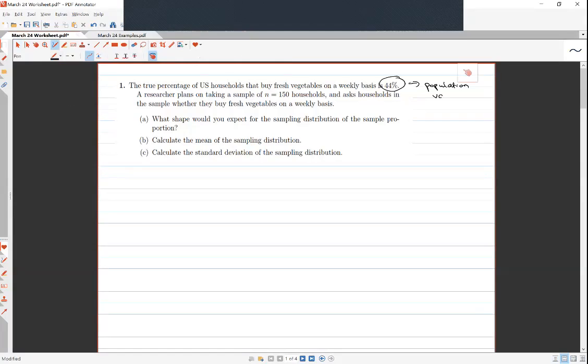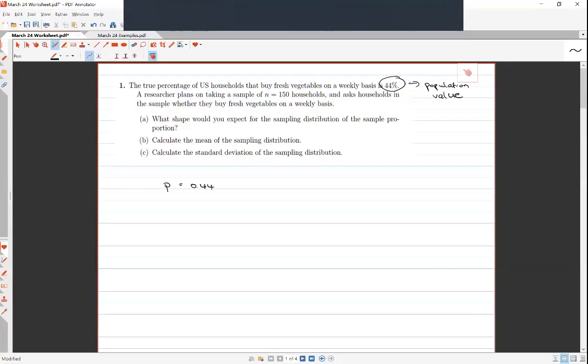So take note here, the examples that we're doing here assume that we know what the truth is in the population. Most of the time in the real world, if you're taking a sample, you don't know what the population actually is. But here for these examples, we're going to assume that's known because it helps us then understand what we would expect to see if we take a sample. So we're saying 44% of US households buy fresh vegetables on a weekly basis. That means our value for P, the true proportion, is 0.44.